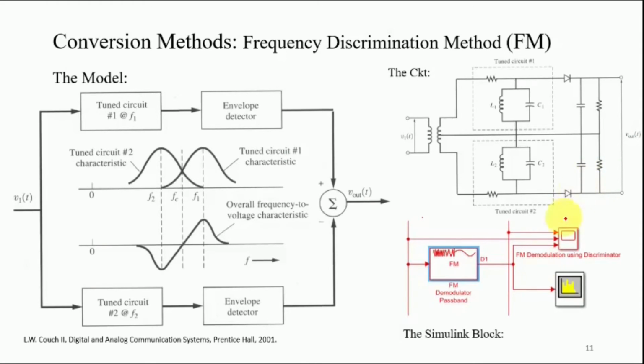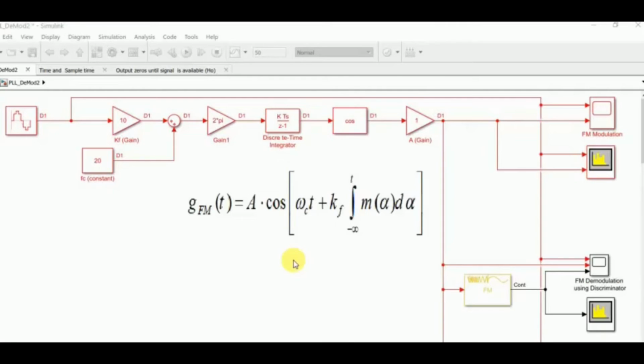In terms of the Simulink environment, there is a block called FM Demodulator Passband. Since this is a passband signal, we are demodulating it. So let's look into the simulation environment next. Previously, we have generated the frequency modulated signal.